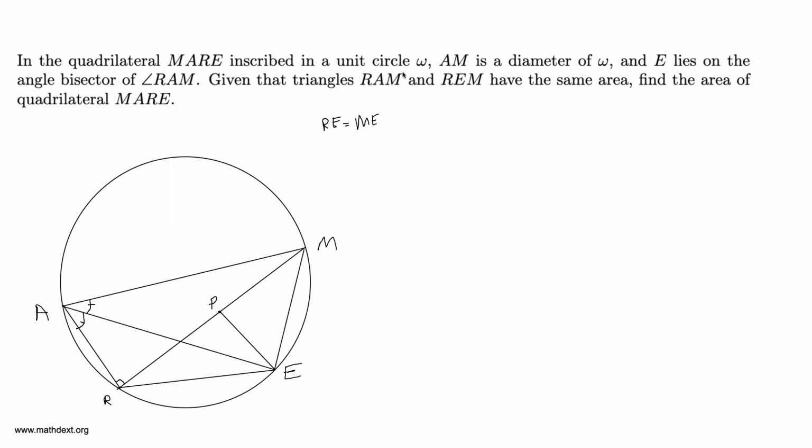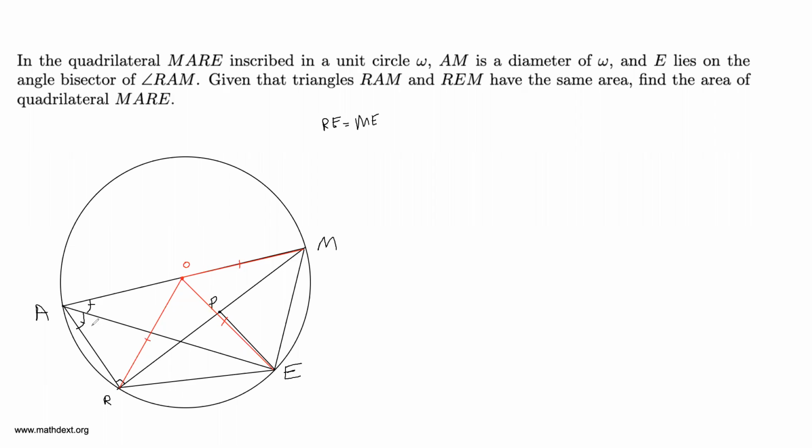Let me switch to a different color. I'm going to mark the center O for now, and in order to prove this, I'm going to draw OR, OE, and OM. Since this is a unit circle, all of these are equal to each other. They're all equal to 1.